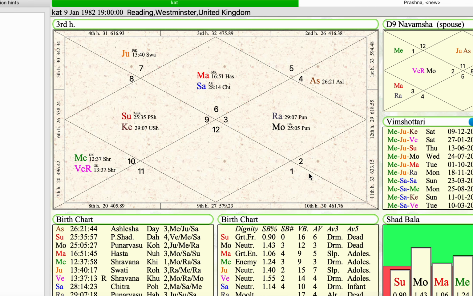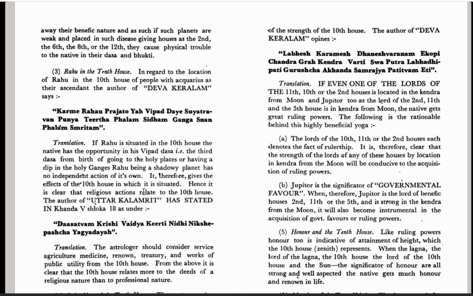My point of view is that it gives a chance to take a dip in water because Rahu is retrograde and giving the result of the ninth house also, which is religious travels. But here he is saying a religious action is related to the 10th house.